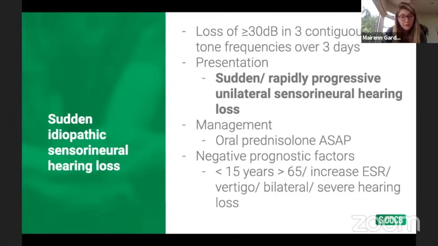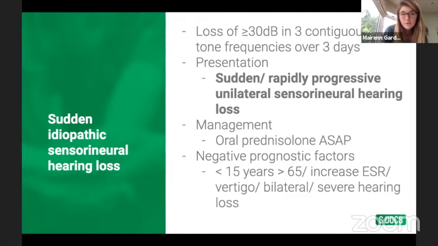And then our final cause of hearing loss is sudden idiopathic sensorineural hearing loss. So with conductive hearing loss, you should always be able to find a cause for the hearing loss. However, with sensorineural hearing loss, sometimes there is a cause that can't be found.